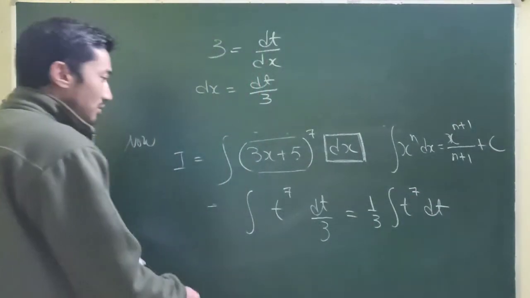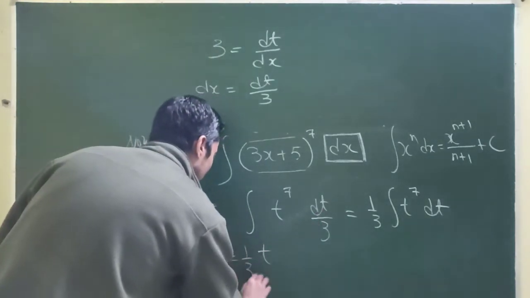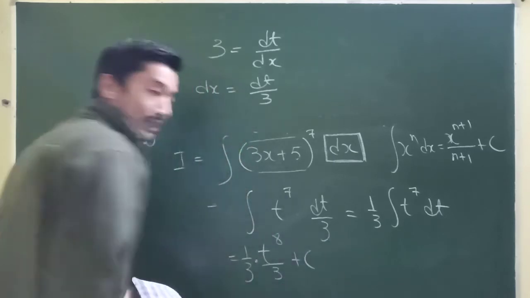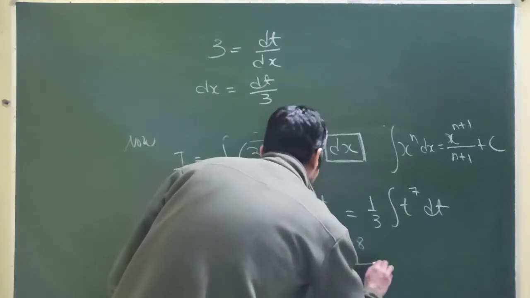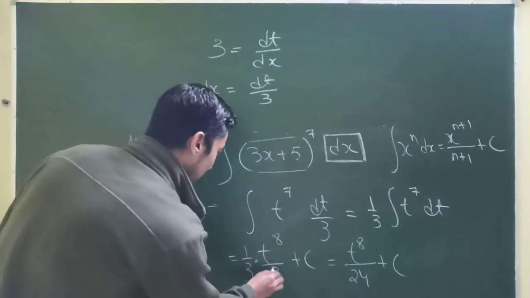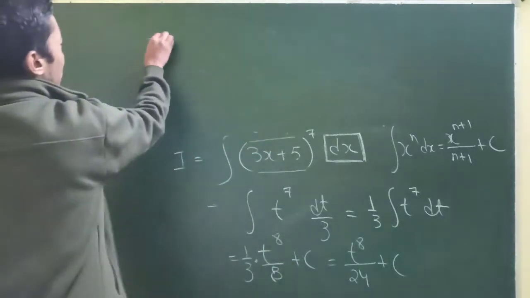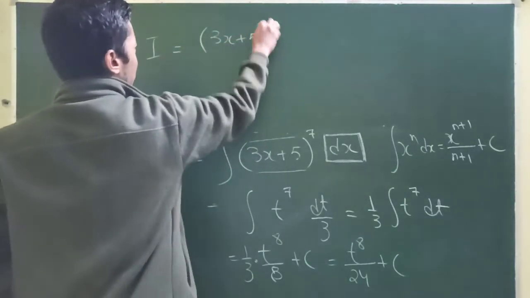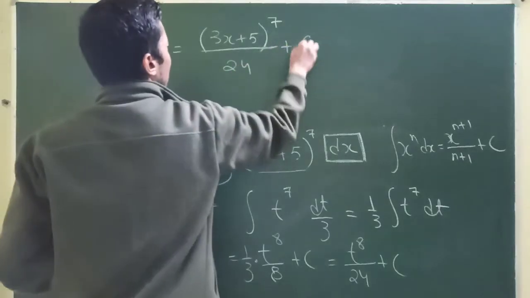Then I can use the formula, that is 7 plus 1: 1 by 3 into t power 8 divided by 8, plus c. So that's going to be t power 8 by 24 plus c. Now I can replace the value of t, that is 3x plus 5 whole power 8 by 24 plus c.